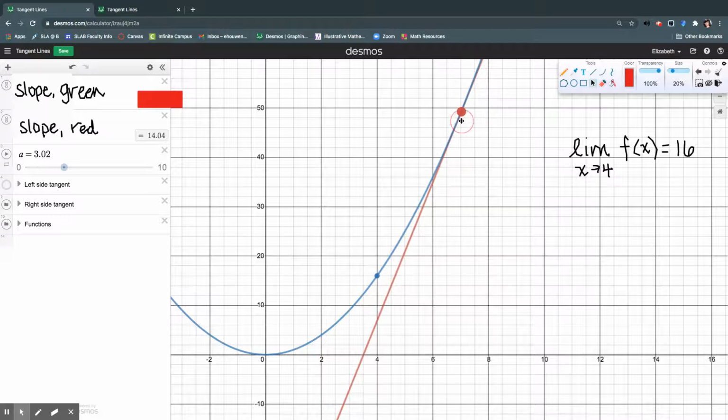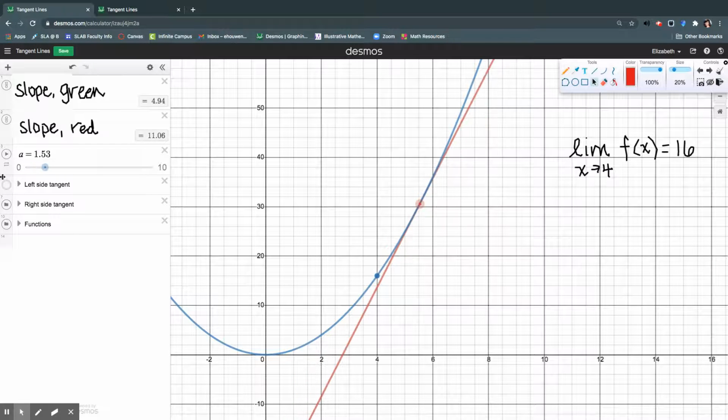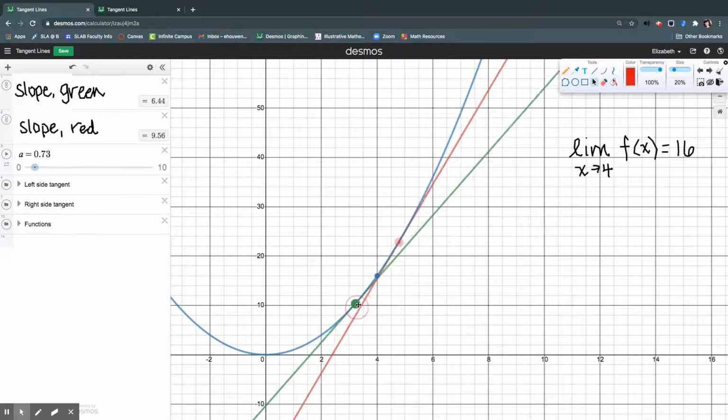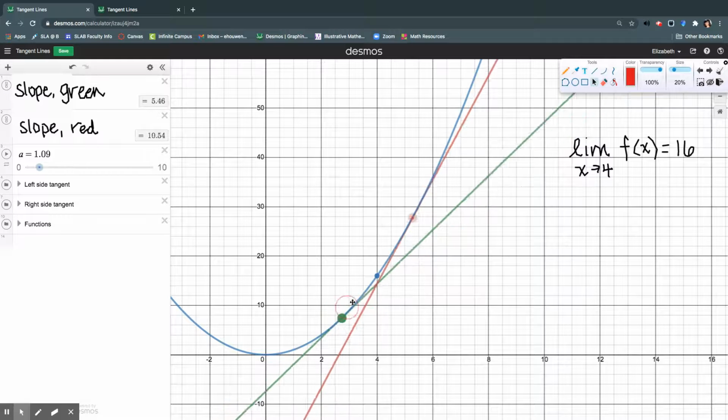So the limit that we're talking about is the derivative. So we're talking about the limit as this tangent line gets closer and closer to 4. If I were to erase both of these boxes and turn on both lines at the same time, you could see that as these lines get closer and closer together, they eventually turn into the same tangent line and they have the same slope.